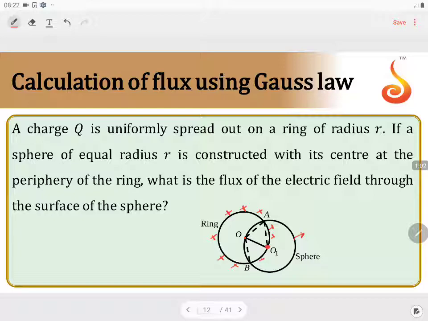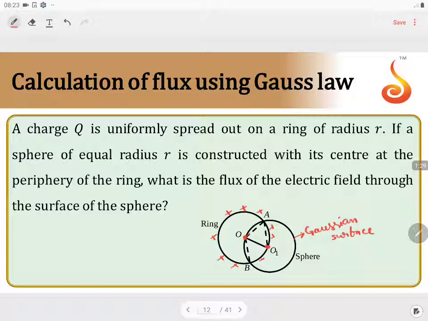The rim of the Gaussian sphere passes through the center of the given ring. So when this is the scenario, see here. This is the center of the original ring, and this is the Gaussian surface, or Gaussian sphere, you can say.